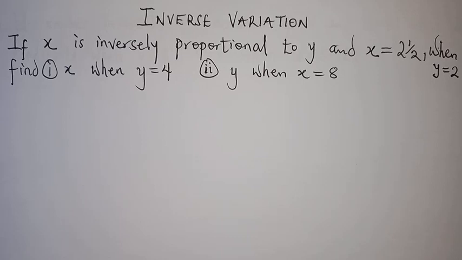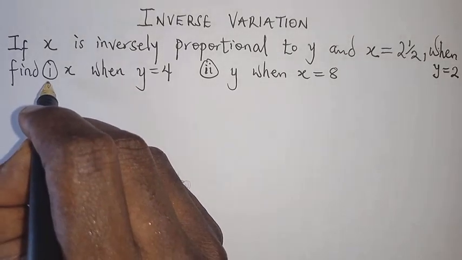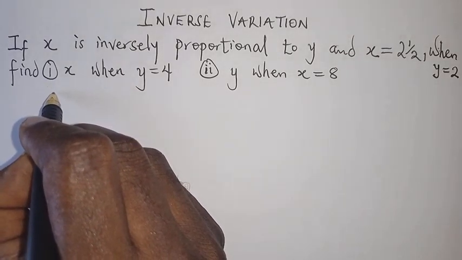So the question we have here says if x is inversely proportional to y, and x equals 2.5 when y equals 2, find x when y equals 4, and y when x equals 8. So we would say, first of all, x is inversely proportional to y.